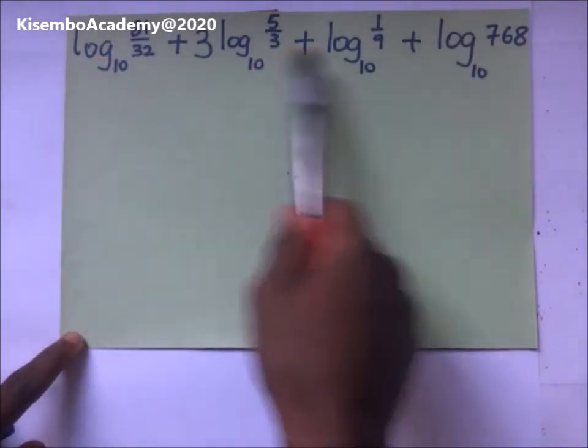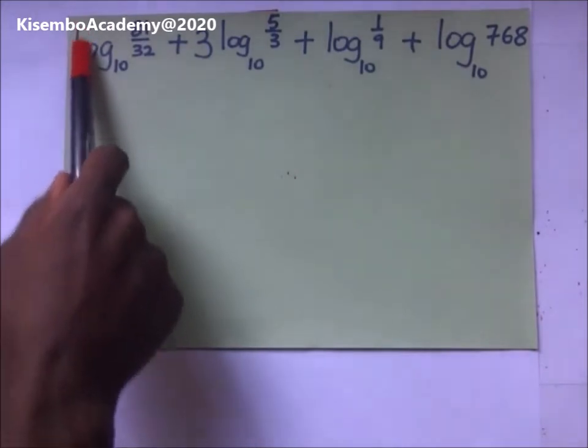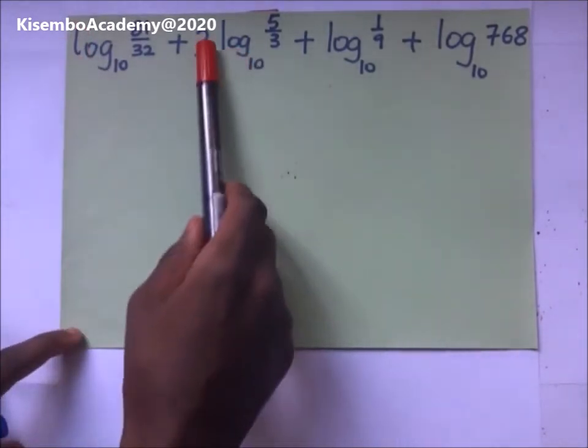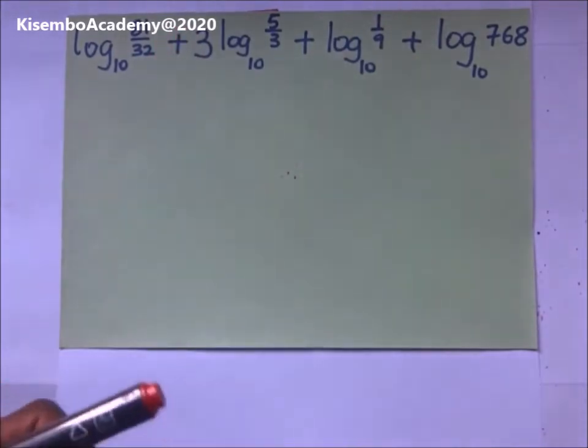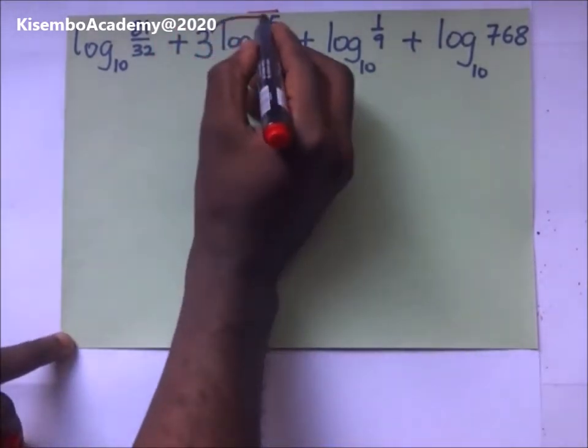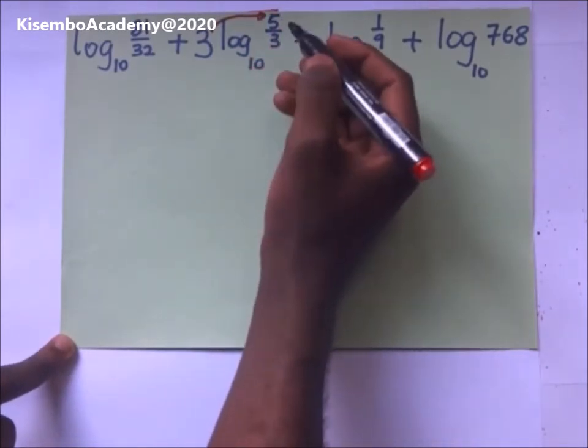We have another here, log of 10. All these have log of base 10, and their coefficients differ. The coefficient of this is 1, the coefficient of this is 3, the coefficient of this is 1, 1. So this 3, we are supposed to shift and put on top of that using the other property.